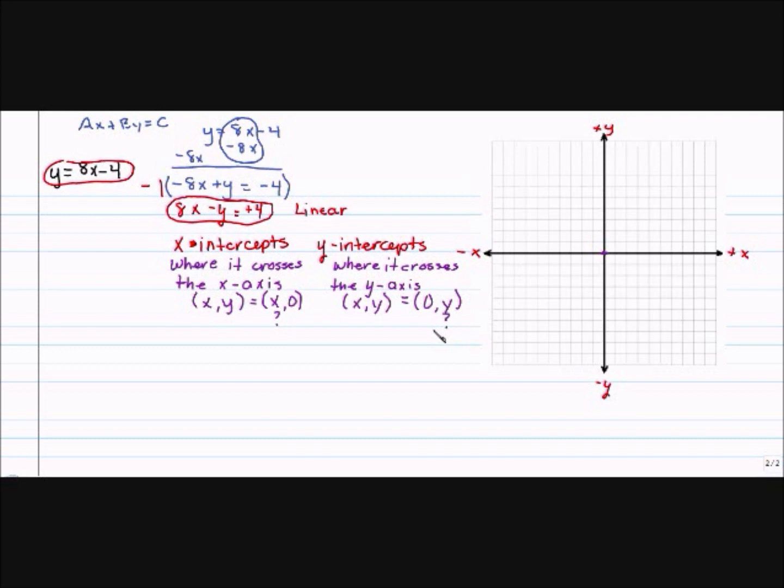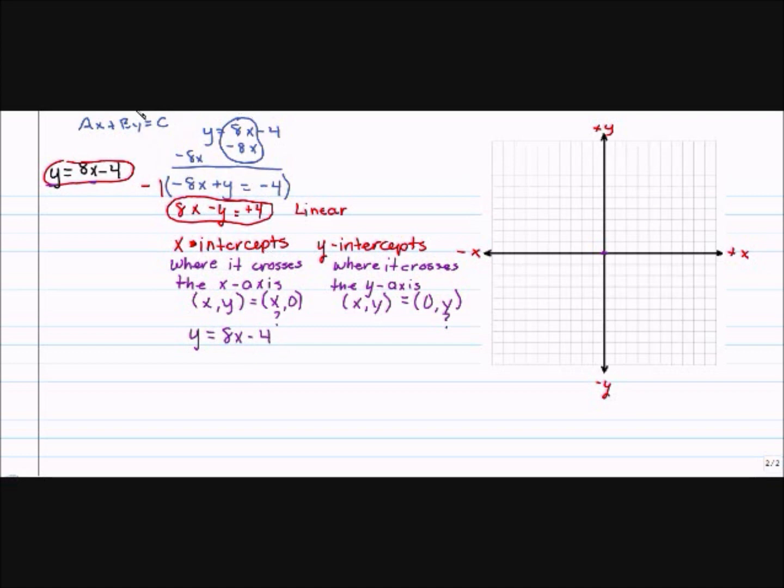And so basically what we're going to do is plug in these numbers, because what a lot of people don't understand is that your ordered pairs in any of your equations are your y and your x. Those are your ordered pairs. We just don't know them when looking at the equation. So if I want to know what the x-intercept of this equation is, I have y equals 8x minus 4.